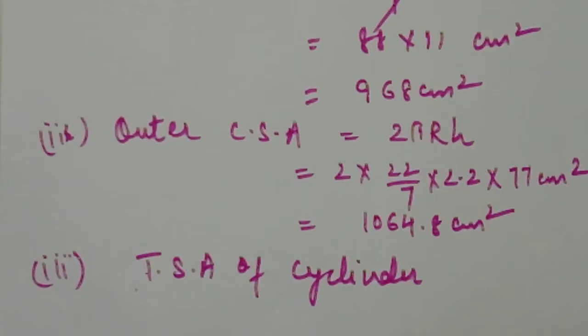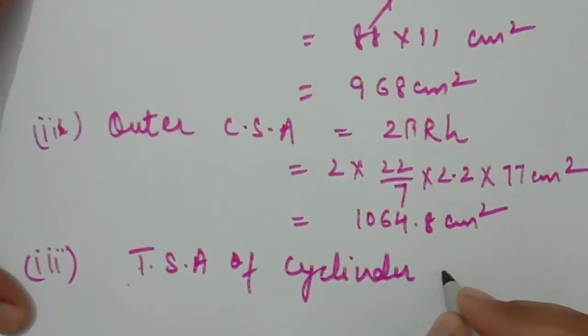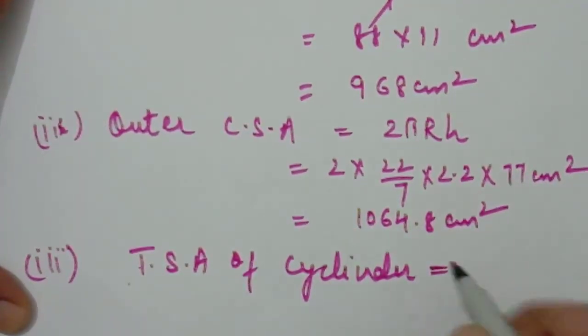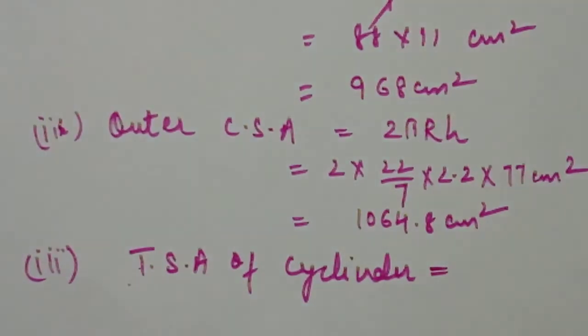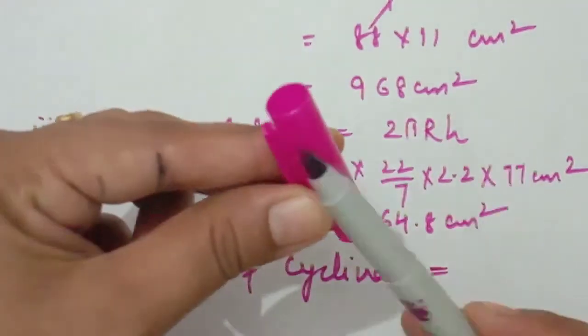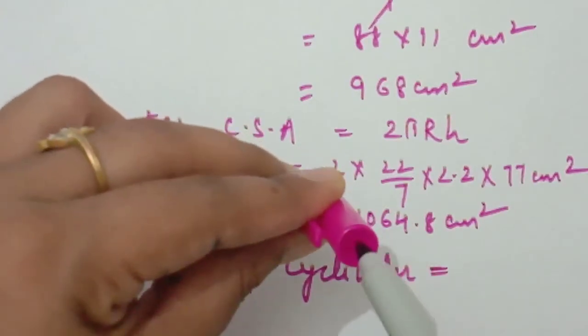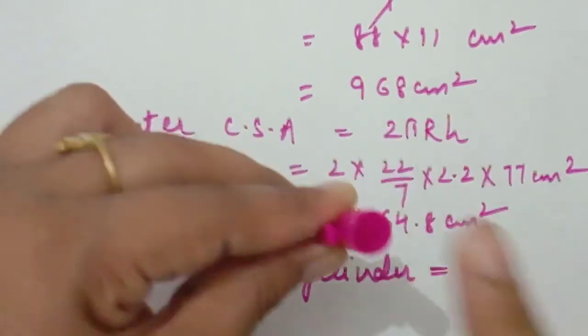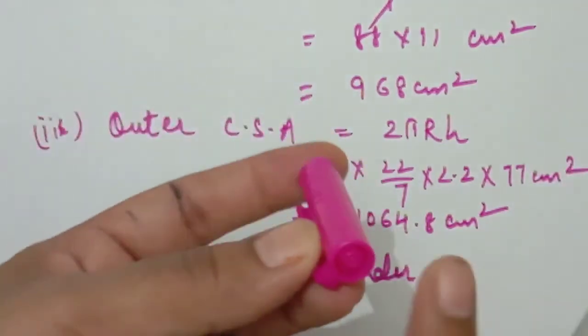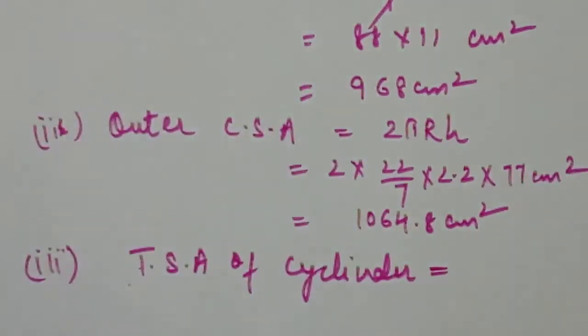So it means, when we are talking about this with the thickness, the outer surface area, the inner surface area, because we have some hollow part here also, and the area of this circular part and the area of this circular part.